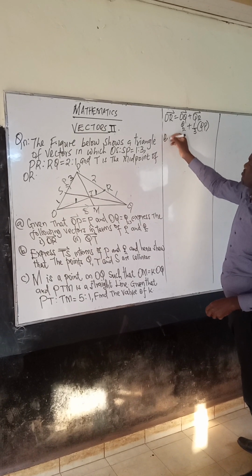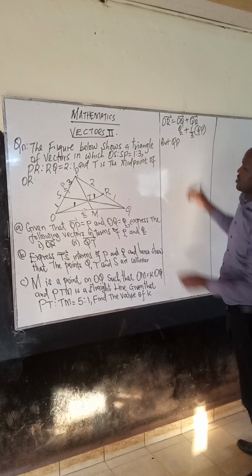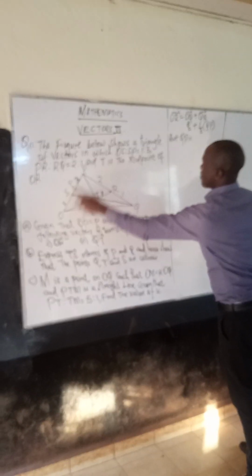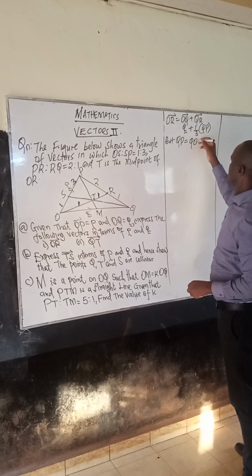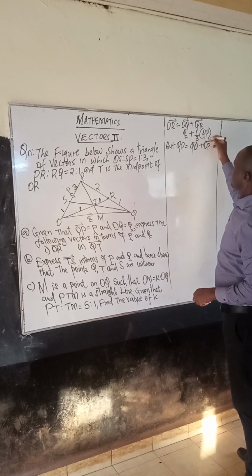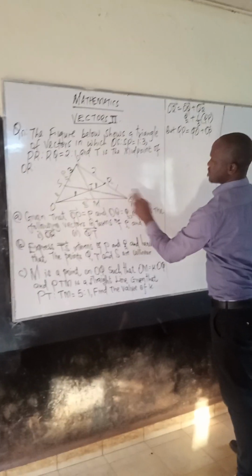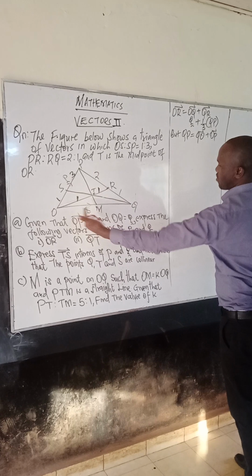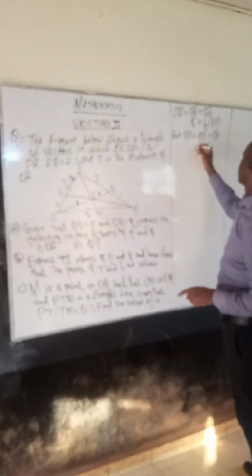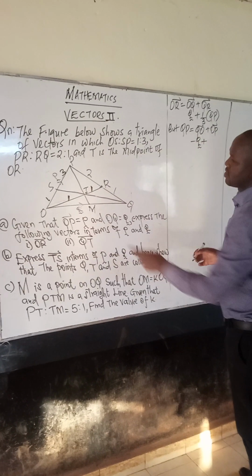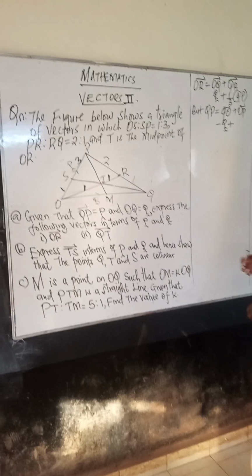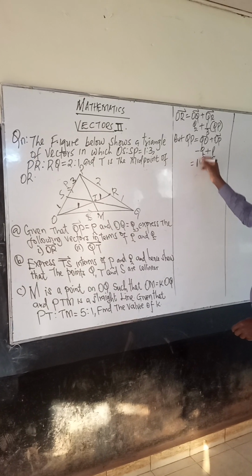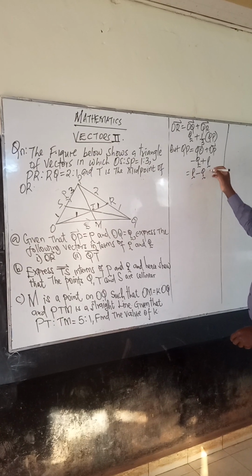Going in that direction, QP will be given by QO plus OP. QO, we are going against the direction of vector OQ, so it will be minus Q, plus OP, which is vector P. So you can rewrite it as vector P minus vector Q.